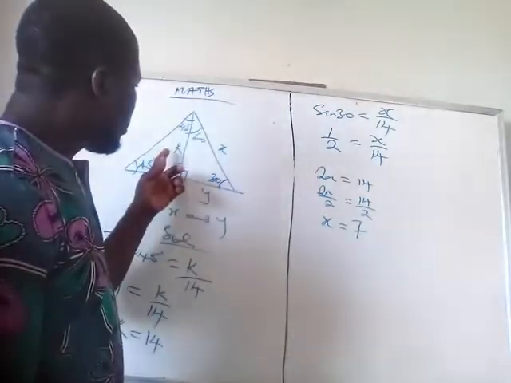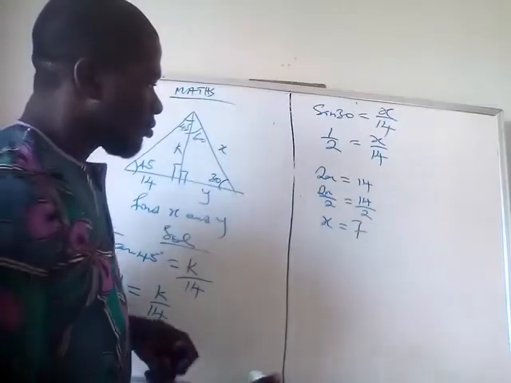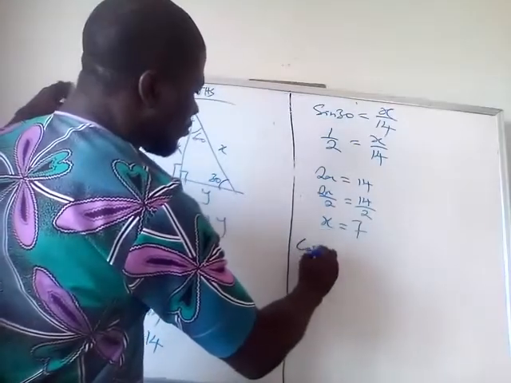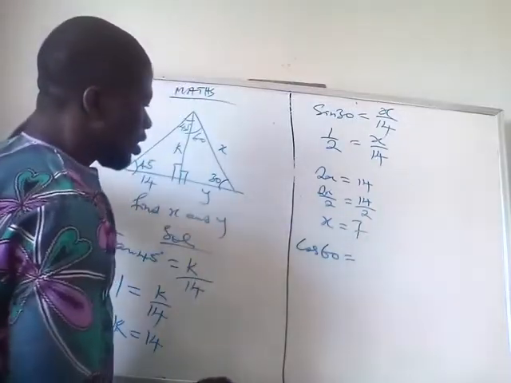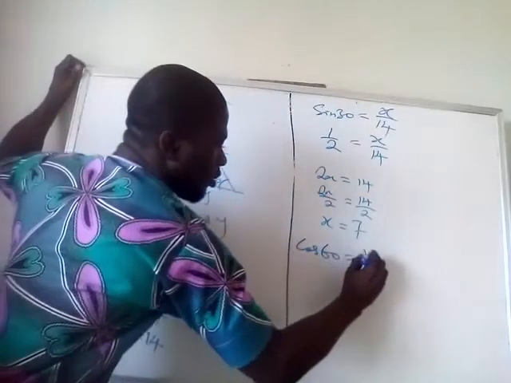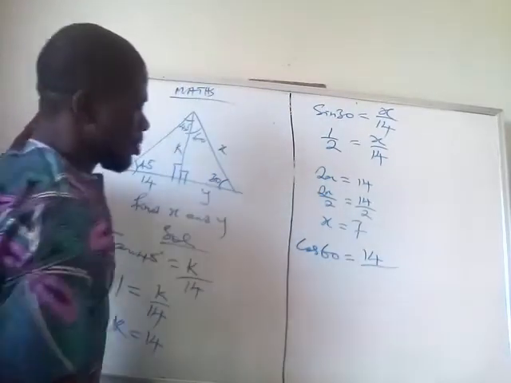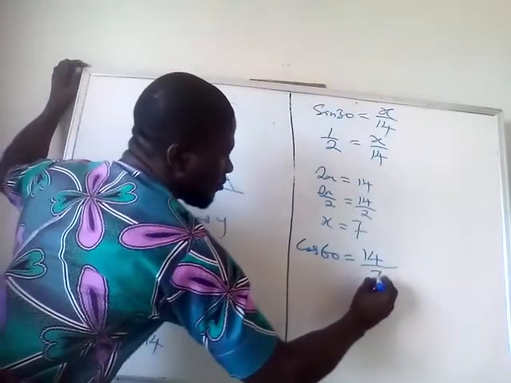So we use tan, cos adjacent, cos 60 is equal to K now, which is 14 over 7.